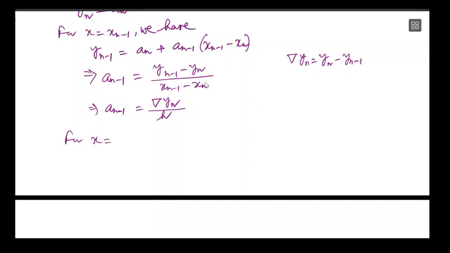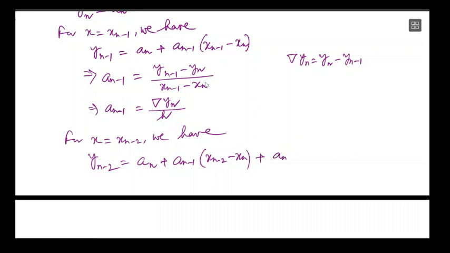For x equals xn minus 2 we have yn minus 2 equals an plus an minus 1 into xn minus 2 minus xn plus an minus 2 into xn minus 2 minus xn into xn minus 2 minus xn minus 1, and all other terms will be 0 because x minus xn, x minus xn minus 1, x minus xn minus 2 will be factors in each of the remaining terms.